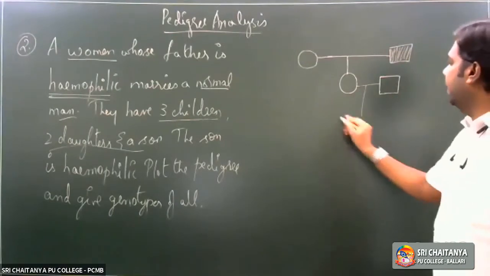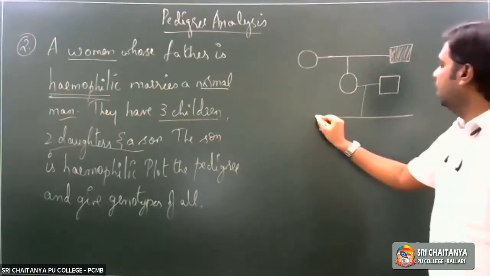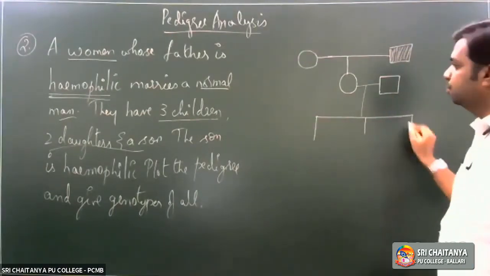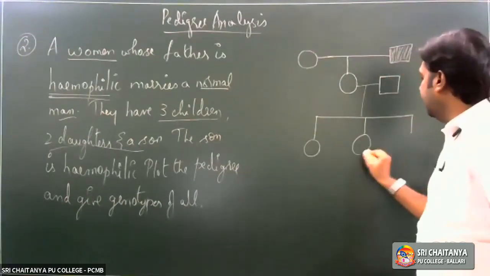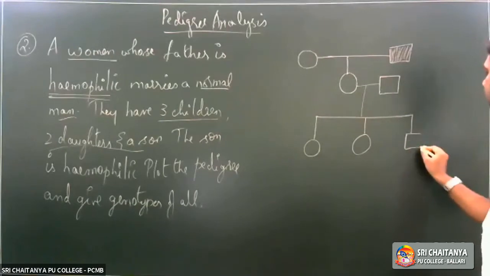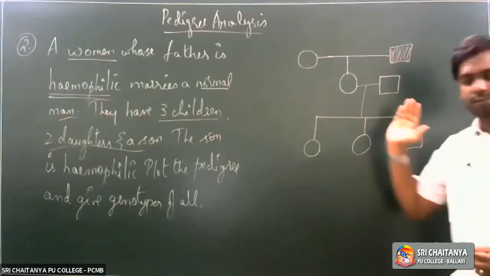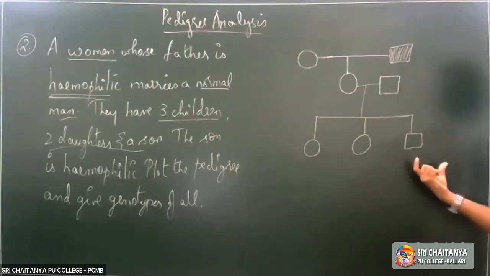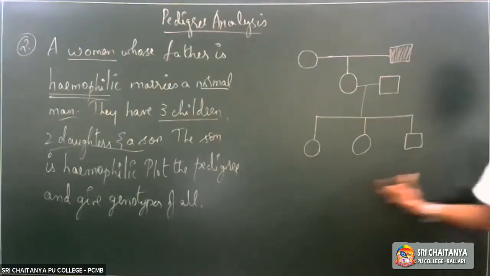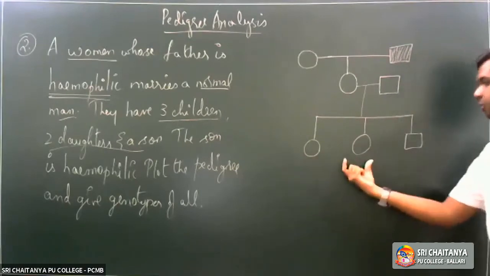So these 2 get married and have 3 children. First 2 are daughters, so this is a daughter here, this is a daughter here, and then a son. As I've already said in the previous session, the first child will always be towards the extreme left and the last one towards the extreme right. So this is the first child, second child and third child.